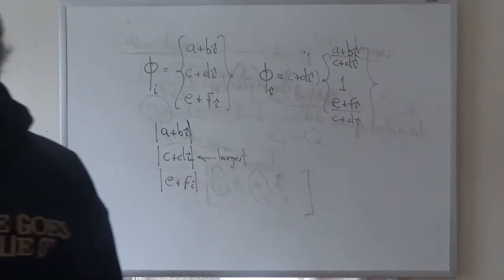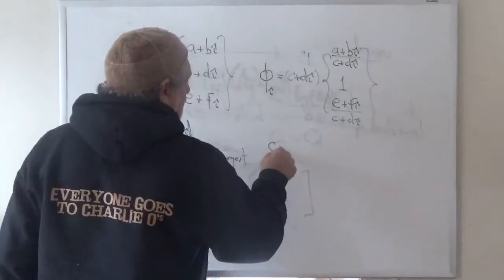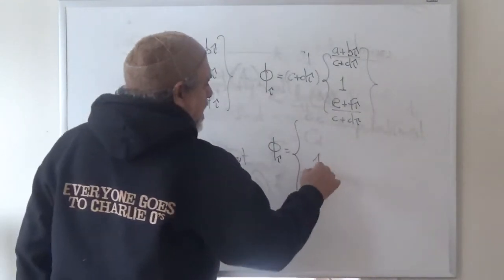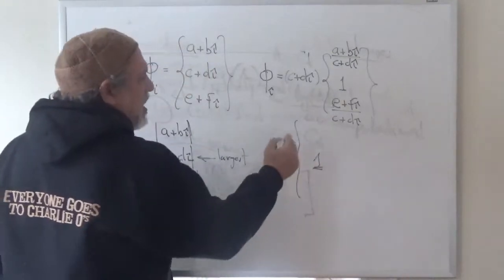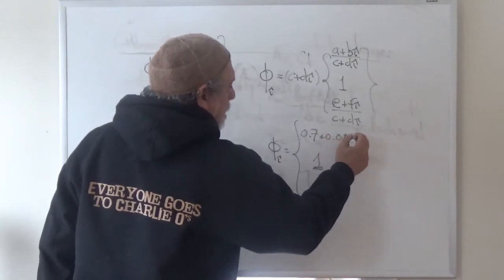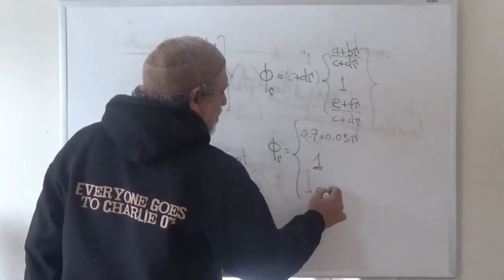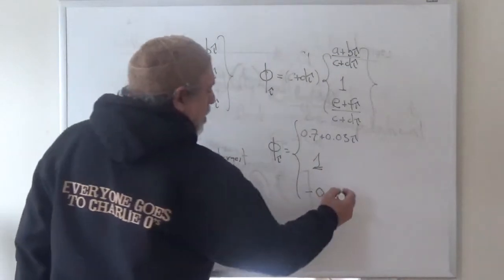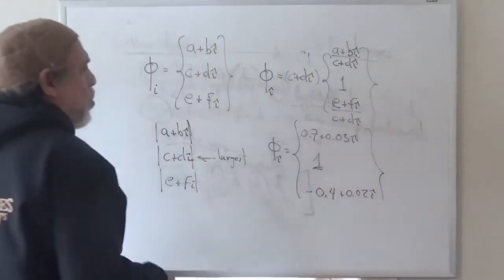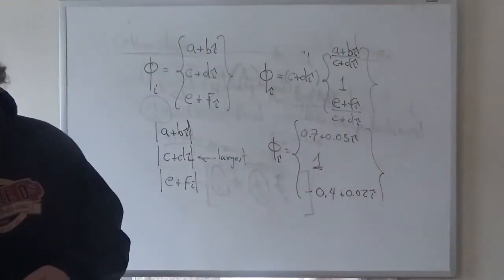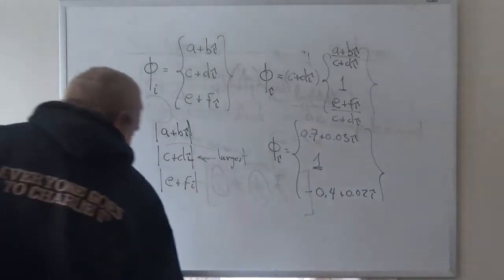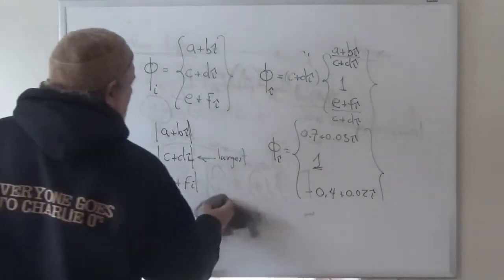Okay, so now to be clean, let's assume that this comes out to be 1, and since that was the largest, let's say this one was 0.7 plus 0.03i, and let's say this one was minus 0.4 plus 0.02i, for example. If that's the situation, then we say, great, these modes are so close to real that the imaginary part is irrelevant.